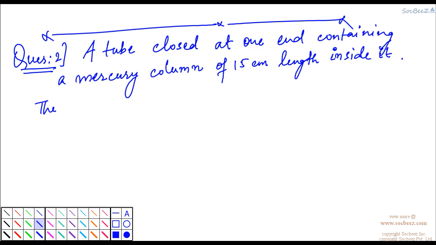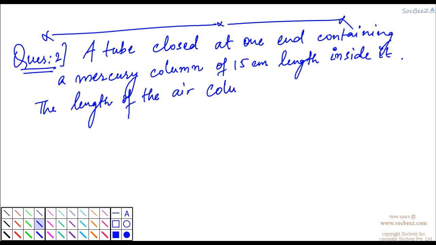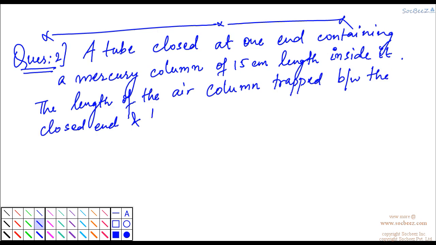The length of the air column trapped between the closed end and the mercury is 40 centimeters when the tube is horizontal.